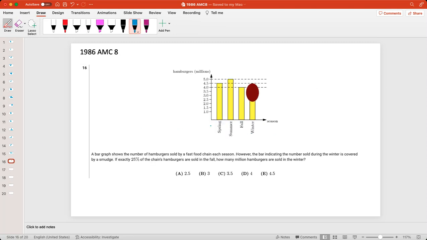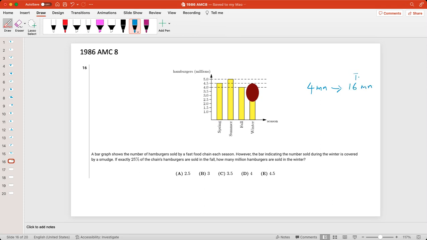Going to question 16. A bar graph shows the number of hamburgers sold by a fast food chain each season. However, the bar indicating the number sold during the winter is covered by a smudge. If exactly 25% of the chain's hamburgers are sold in the fall, how many million hamburgers are sold in the winter? So fall is 4. Okay. 4 million is sold in fall, which is 25% of some number, which is nothing but 16 million.